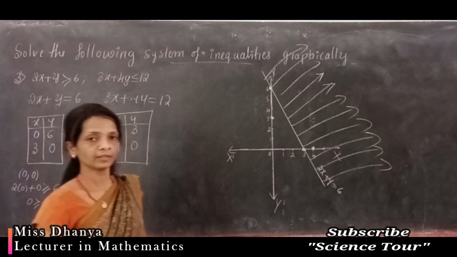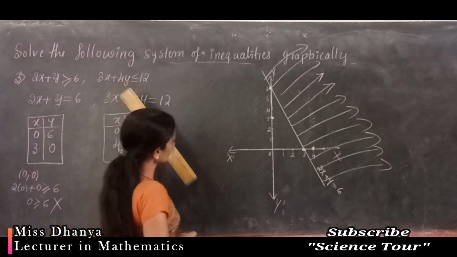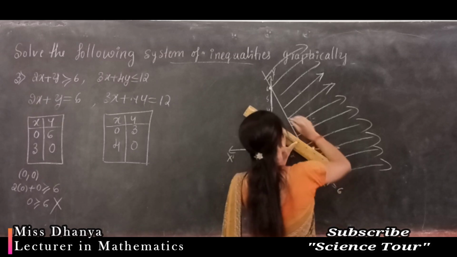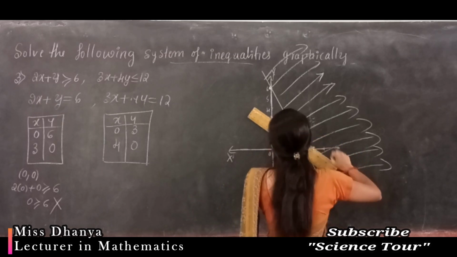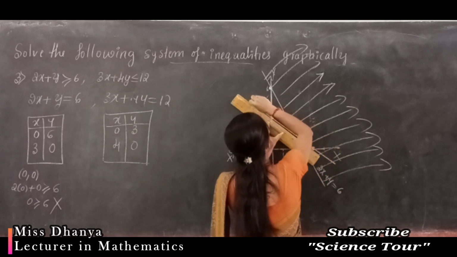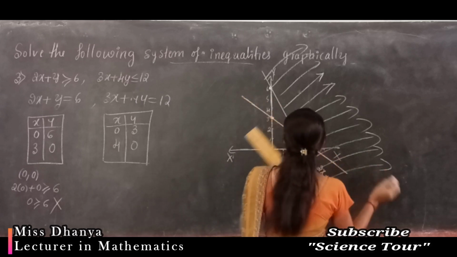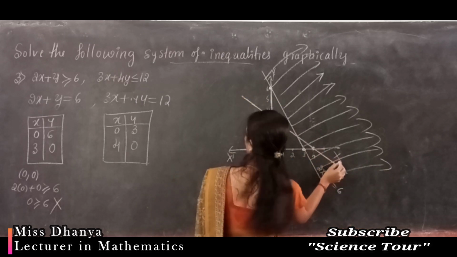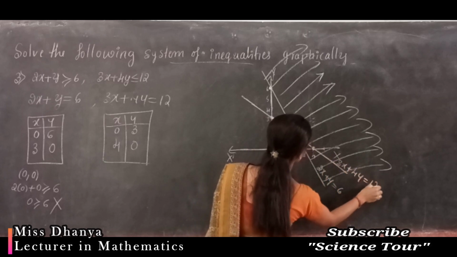After marking those 2 points, you have to join them using a continuous line. So draw the second line, 3x plus 4y is equal to 12, using a continuous line, and extend it in both directions. And this is your line, 3x plus 4y is equal to 12.